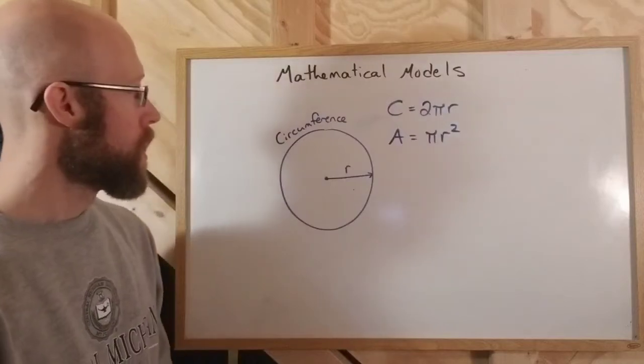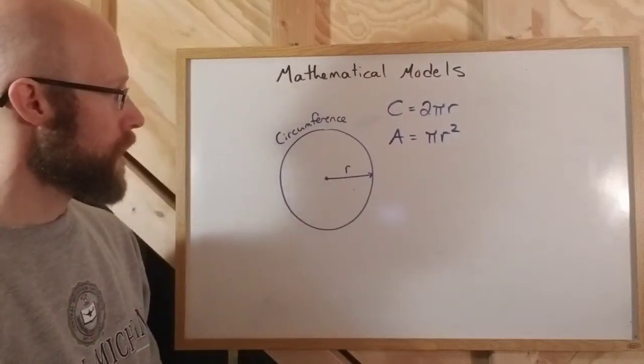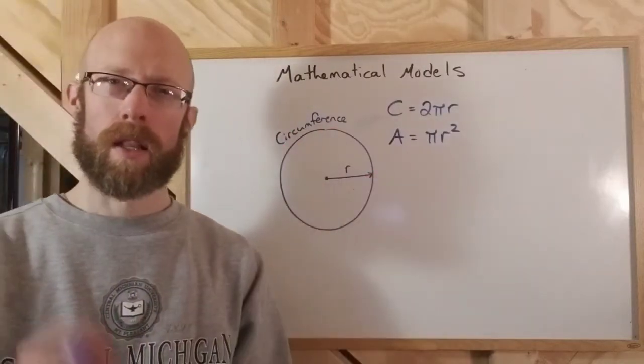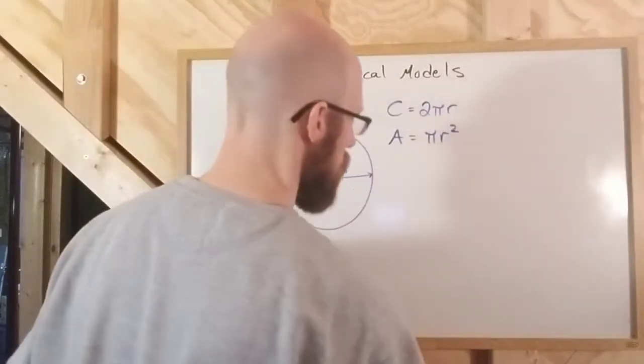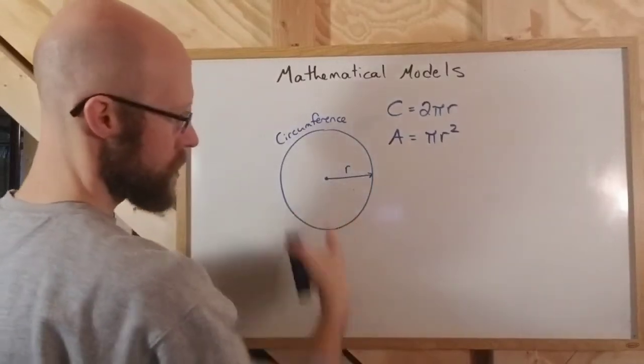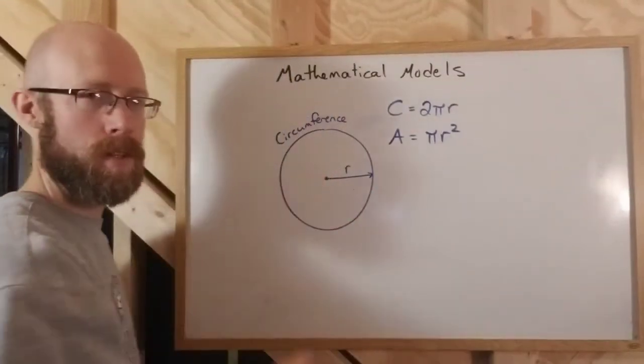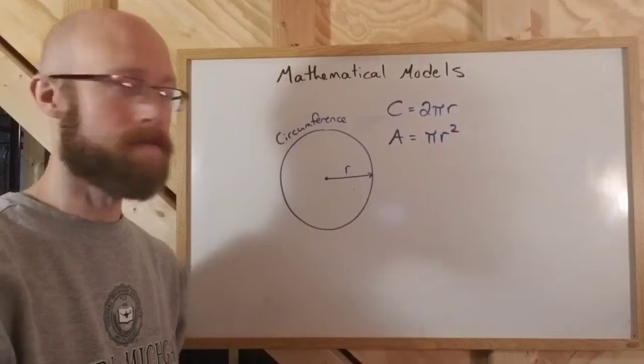Okay, so that gives us some information about circles. Now, a little bit more detail about circles is going to be very important as we go. The first is this idea that a circle is a fixed distance from a central point.